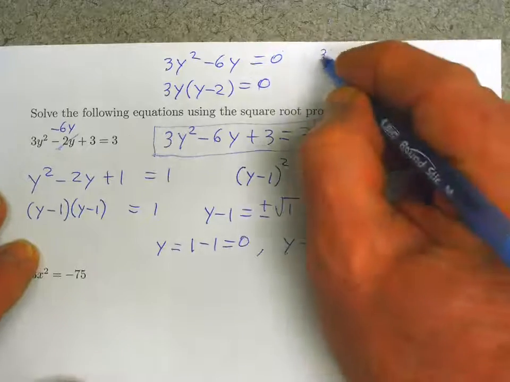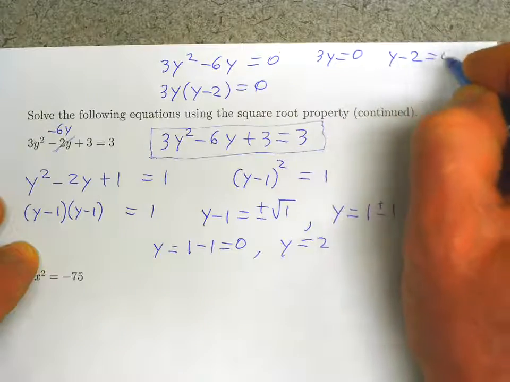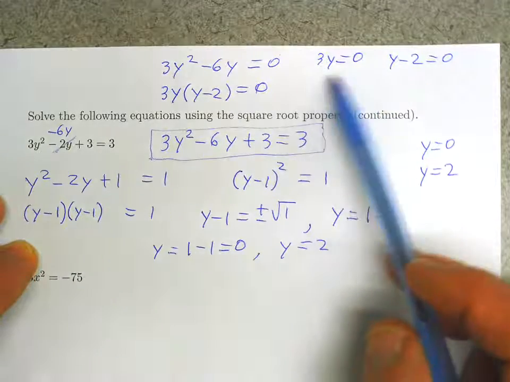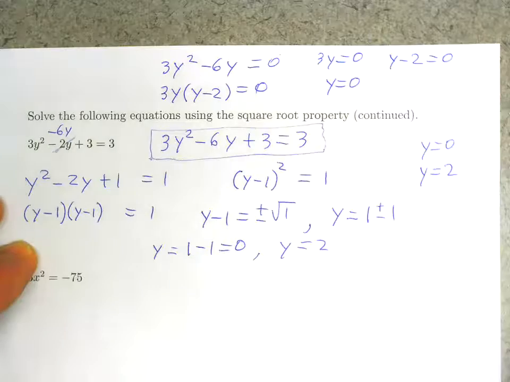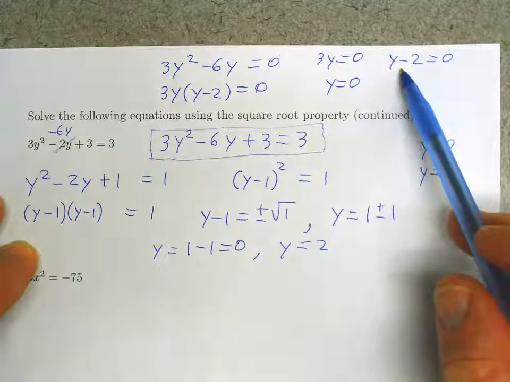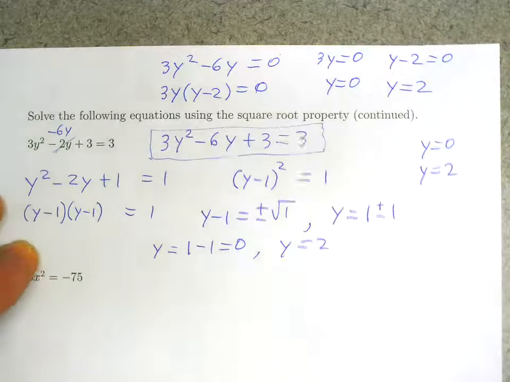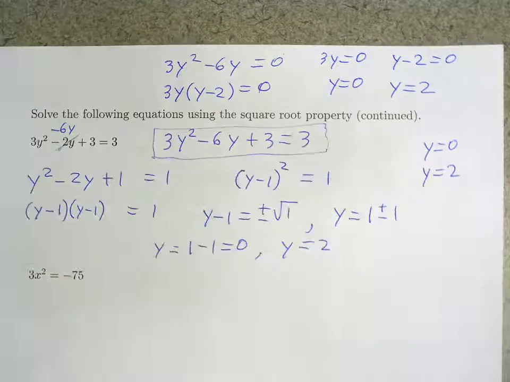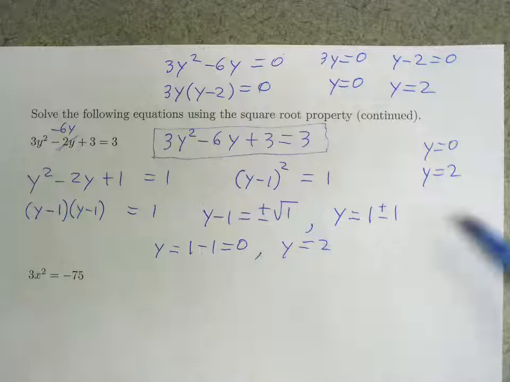So 3y equals 0 and y minus 2 equals 0. If 3 times y is 0, divide both sides by 3, we get one solution, y equals 0. And if y minus 2 is 0, add 2 to both sides, we get y equals 2. Okay, so it is nice to know that there are often multiple ways to go about solving an equation.